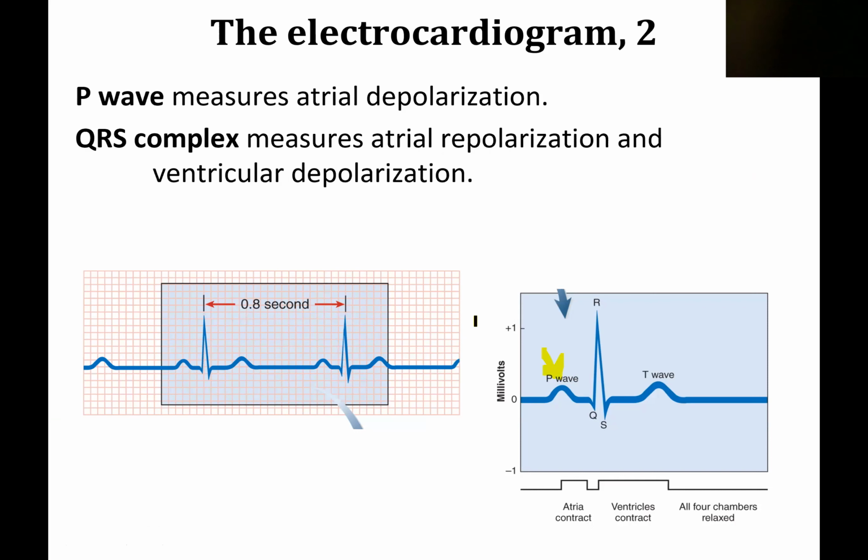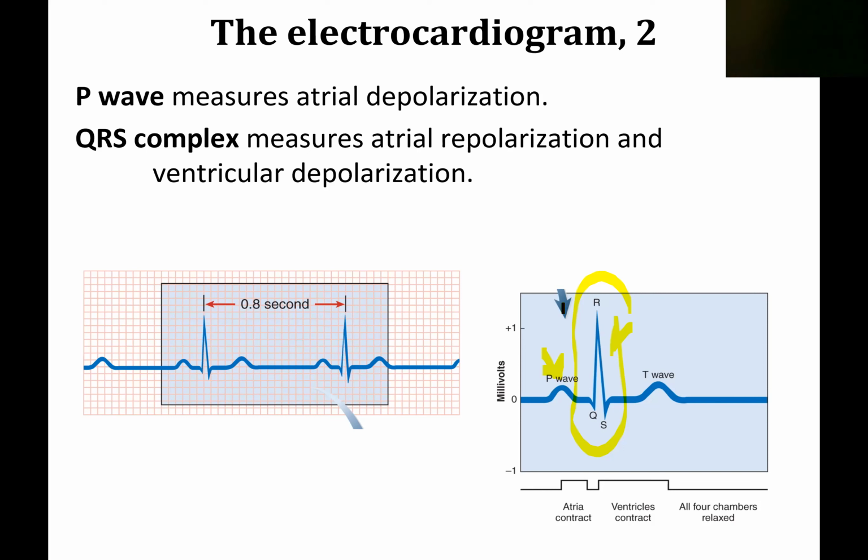Then you have the QRS complex, which is all of this, and that measures two things: atrial repolarization and ventricular depolarization.